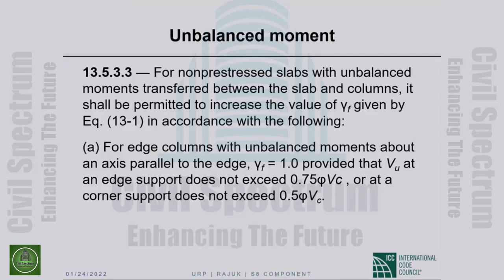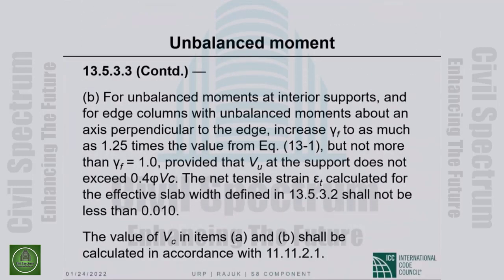That's the way to look at it. It's not that we are increasing the portion of the unbalanced moment carried by flexure. We are decreasing the portion carried by shear, thereby relieving the punching shear problem that we always have. So this is great flexibility if you understand how to use it.